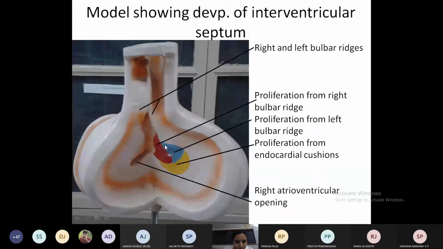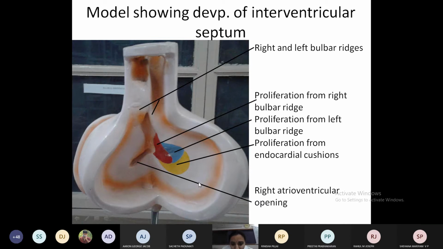This blue one is the left bulbar ridge, and the right one is the right bulbar ridge, and yellow one is the proliferation of the endocardial cushion. It's the septum intermedium. The caudal part of septum intermedium proliferates and fills that. This colored part is the membranous part of the interventricular septum, whereas muscular part is formed by passive intaking of the wall.